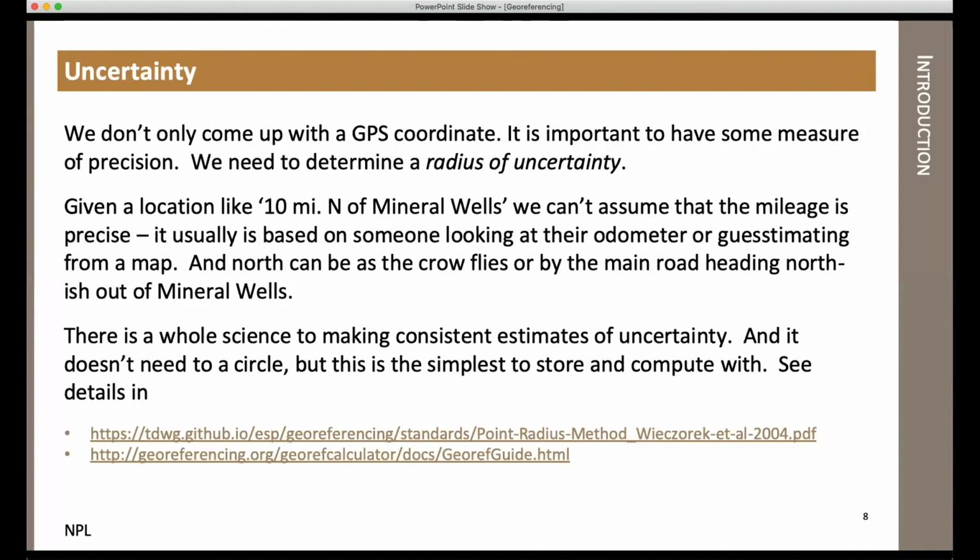And there's this whole science around producing consistent estimates of uncertainty. Even though you know that 10 miles isn't precise, you'd like to treat 10 miles north of Mineral Wells the same way you'd treat 10 miles north of Leander. There are some really great publications out there about how you do this, but I'm not going to go into those.